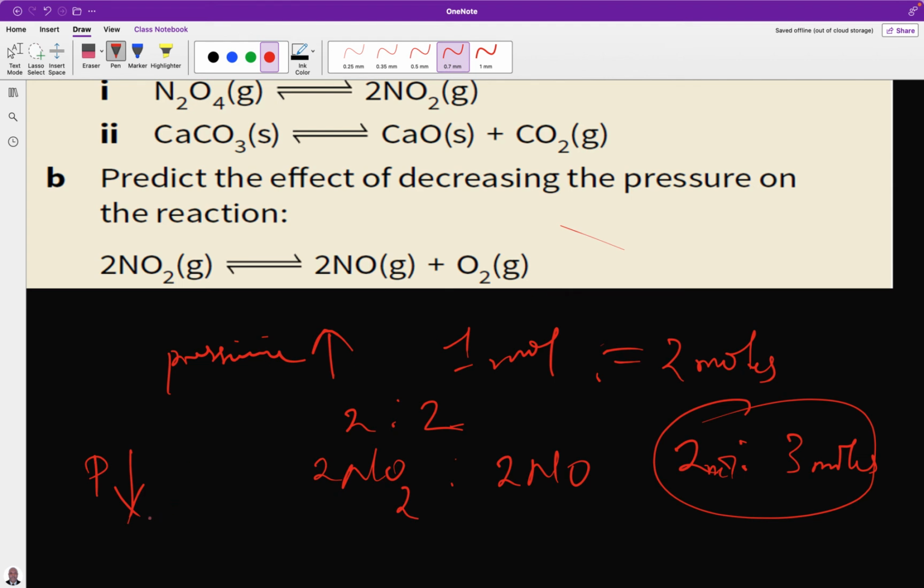According to Le Chatelier's principle, in order to increase it and establish the equilibrium, the gaseous particles will have to move to the direction of more gaseous molecules. In that case, the equilibrium is going to move from left to right.